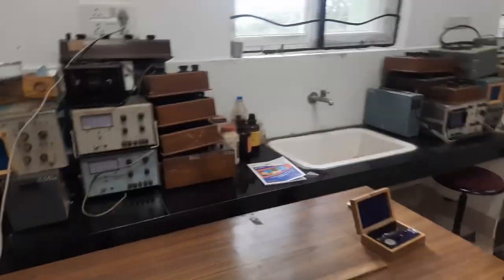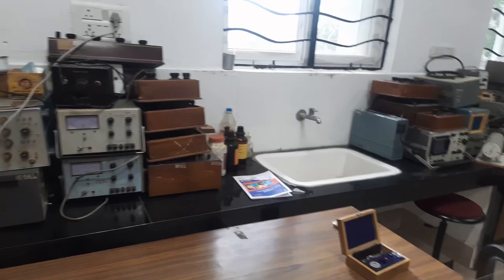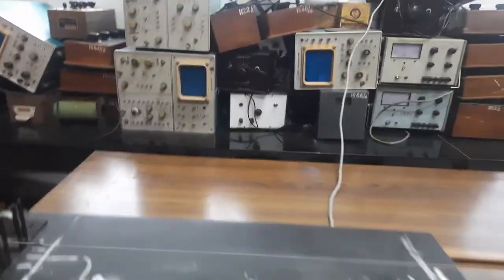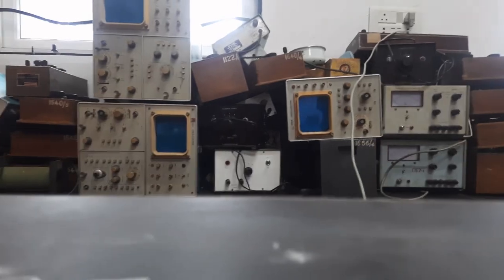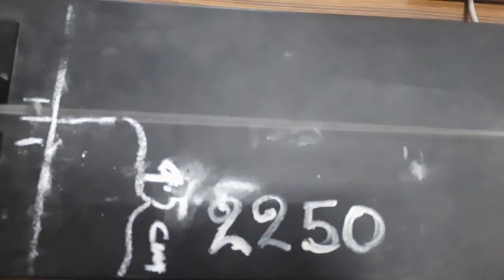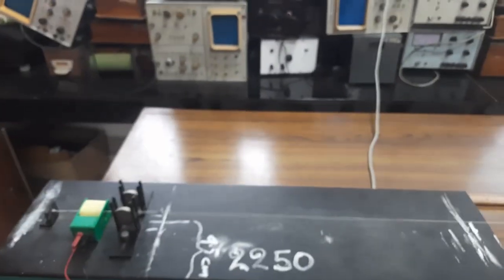There is a reflection from that end, and the reflected wave and the original wave combine to form a standing wave pattern. As we can see, there is a standing wave pattern in this transverse mode, and due to the tension a standing wave is formed.